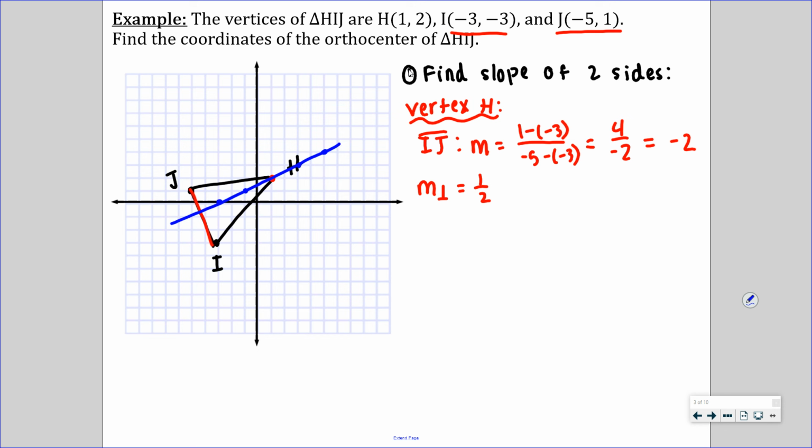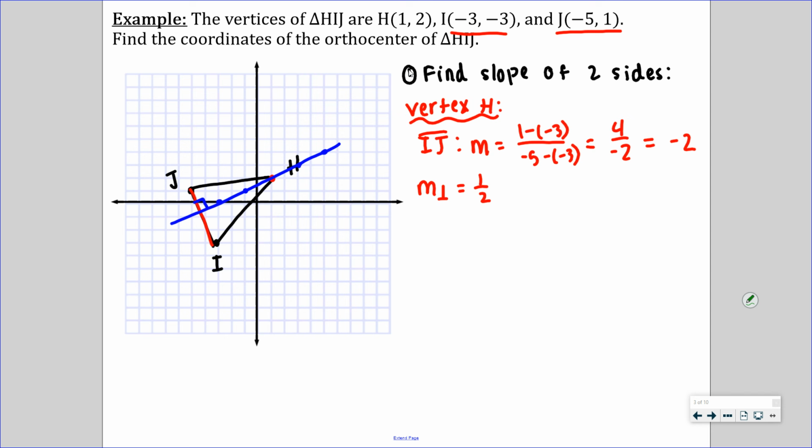Does that look like it could be perpendicular to that other side? It should. Okay, if you use a straight edge, it will. But it obviously passes through my vertex H, and it's perpendicular to the other side. We did that using slopes. All right, we're going to find that equation in a second of that blue line.